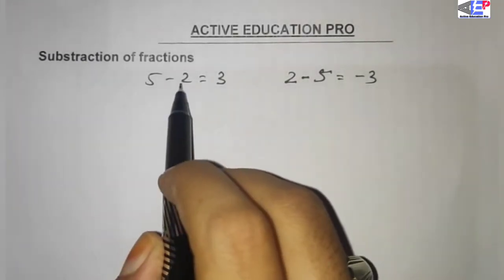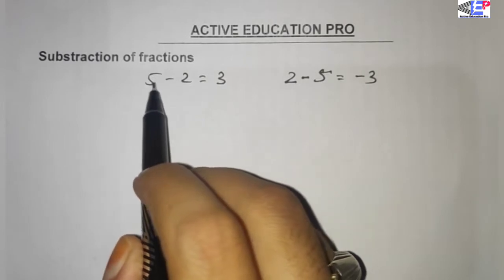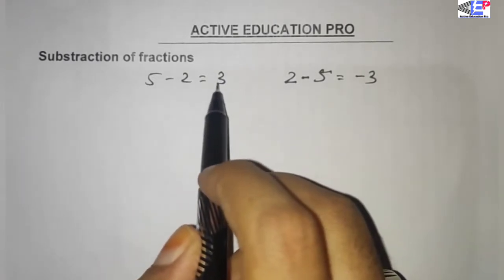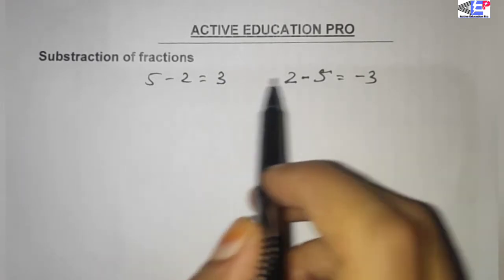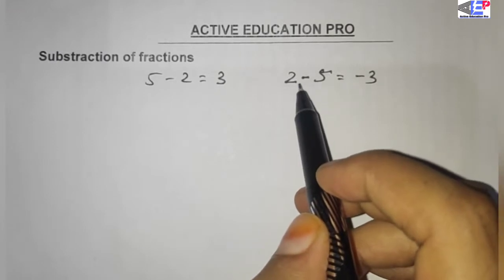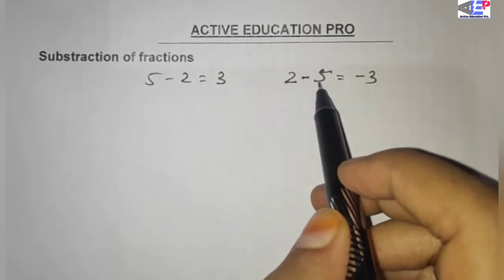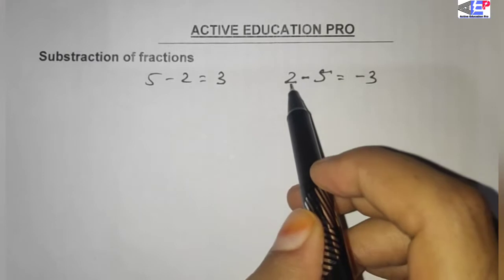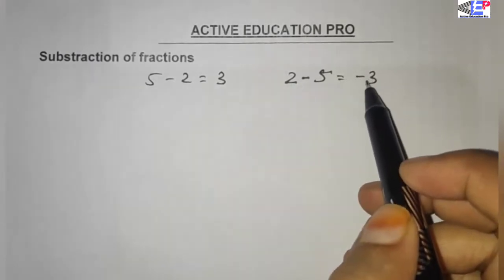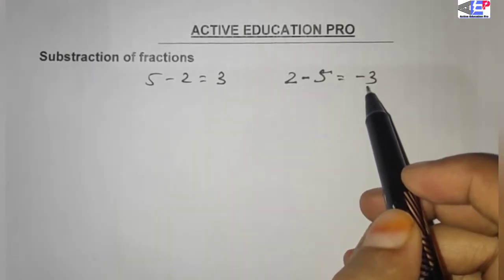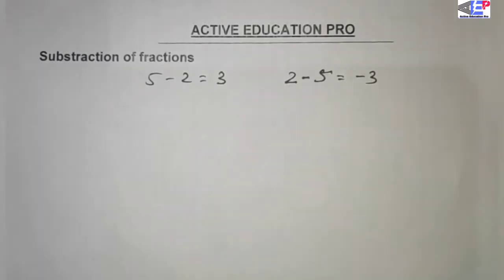Look here, 2 subtracted from 5 gives 3, a positive integer. And 2 minus 5 means subtracting a greater number from a smaller number, and the result is a negative integer, minus 3. In the integers chapter you will read about this briefly.